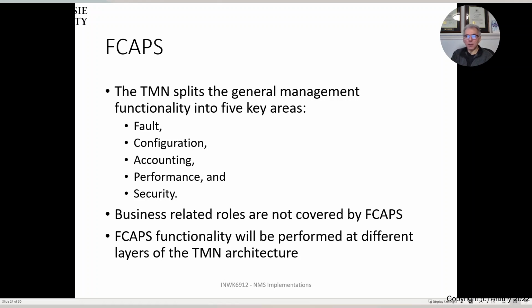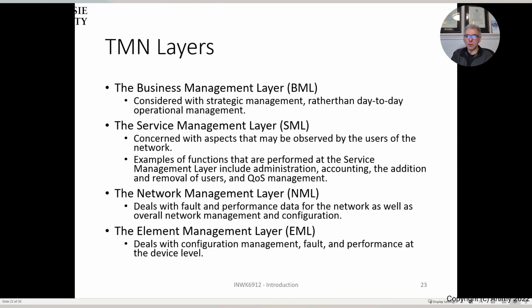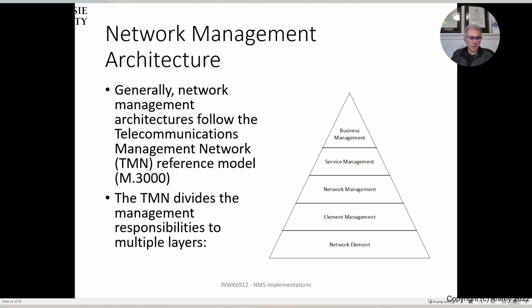All right, so how do the two relate? The TMN says that all the 4 layers implement all the FCAPS, with the exception of the business management layer.